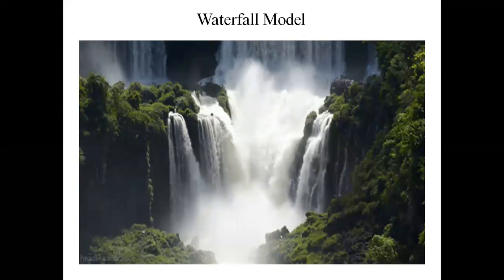So the first traditional model is the waterfall model. Now, as you can see, there is a picture of a waterfall. Why is a systematic model applied for the development of software named waterfall?